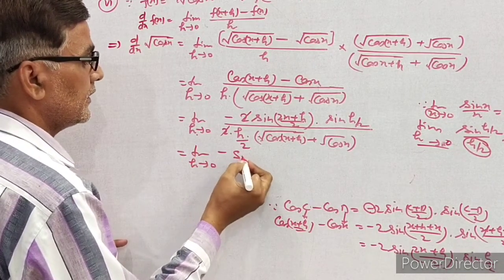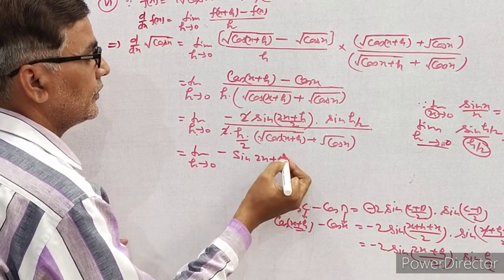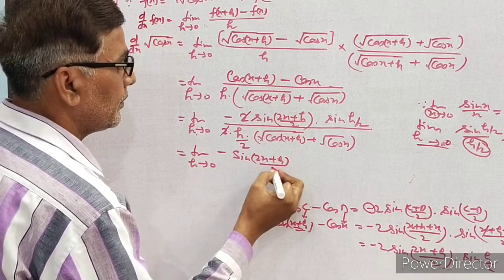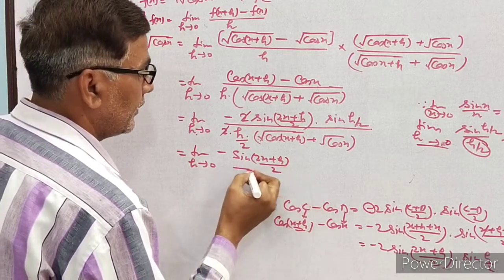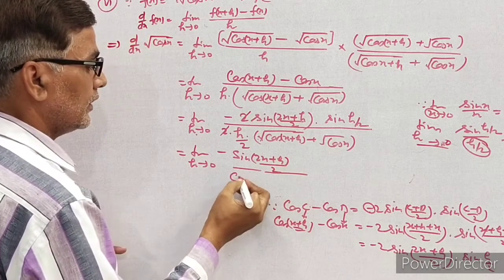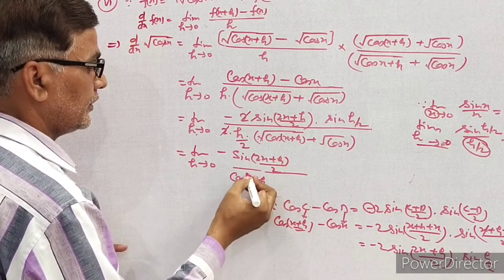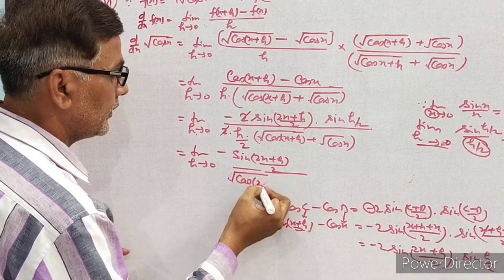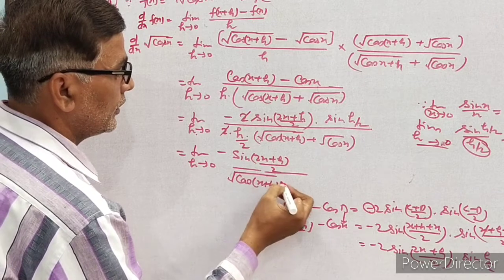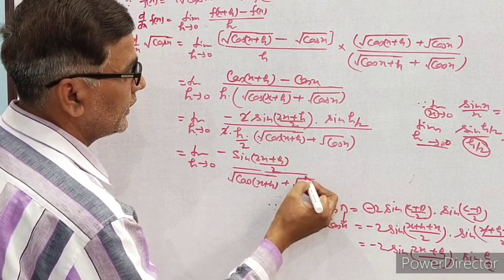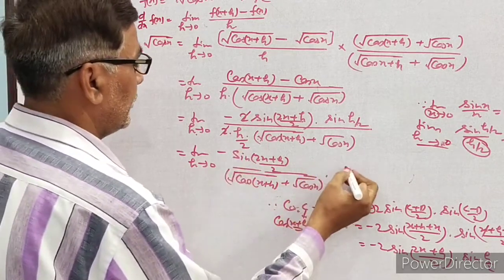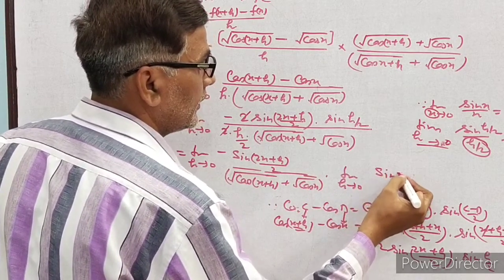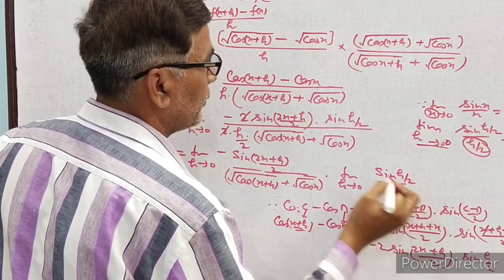We can write here minus sine ((2x plus h) upon 2) divided by under root cos (x plus h) plus under root cos x, and into limit h approaches to 0 of sine (h upon 2) whole upon (h upon 2).